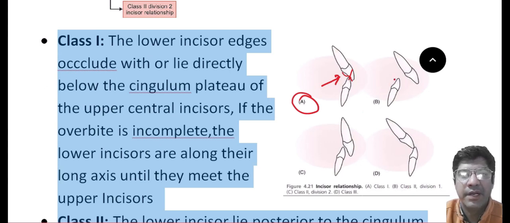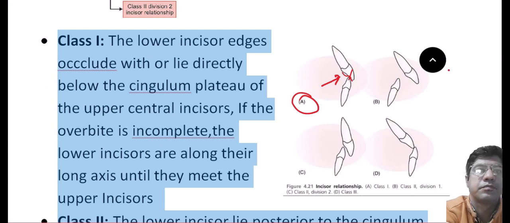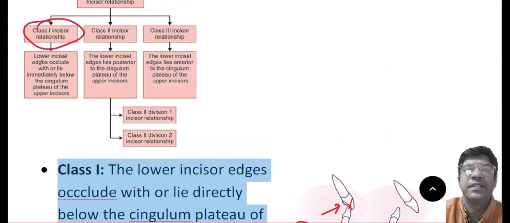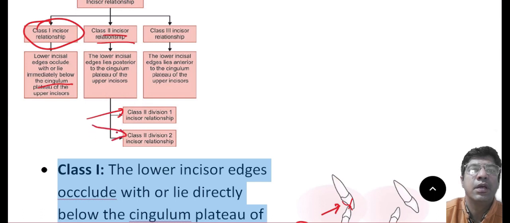The class 2 can be divided further. In the class 1 relationship, the lower incisors occlude immediately below the cingulum, and in class 2, they can be divided into class 2 division 1 and class 2 division 2 incisor relationship.